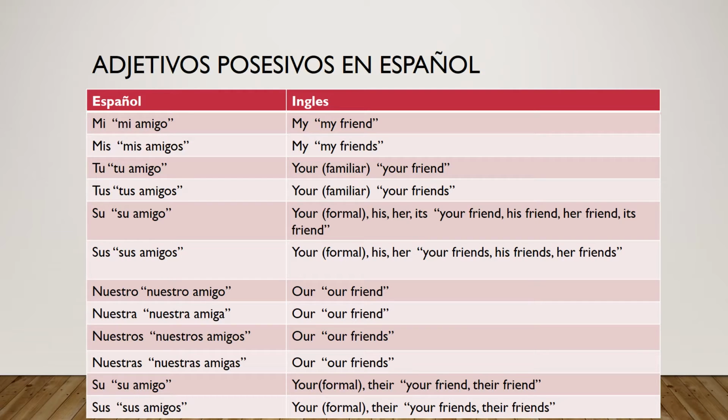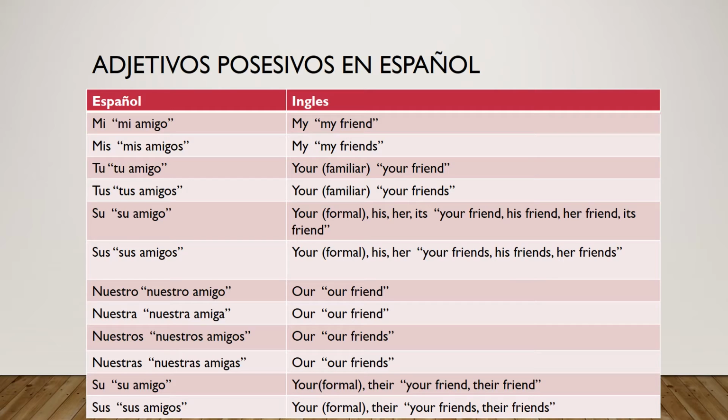If you want to speak in the formal version of you, you could say su amigo for your friend. Or if you want to say his friend, her friend, or its friend, you would also say su amigo. Now, same thing for the plural. You would use sus amigos for either your friends, his friends, or her friends if the word friends is plural.